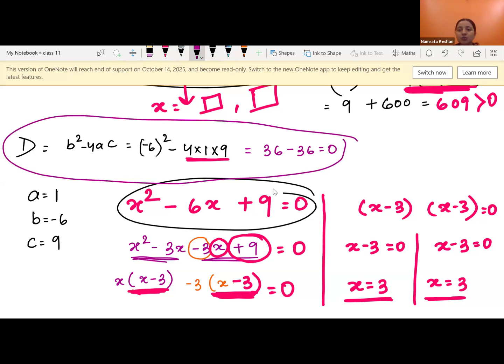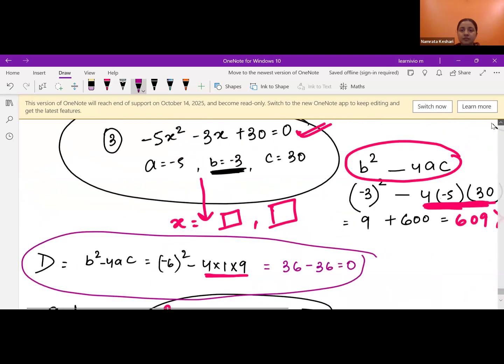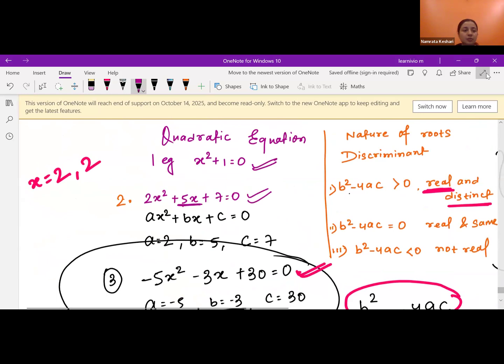And let me show you what I have written for rule number 2. Can you see the 3 rules, Abdul, over here? Yes, teacher.